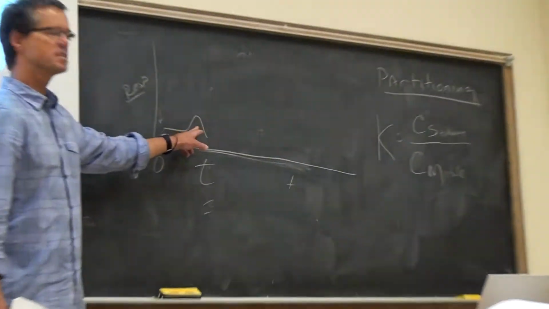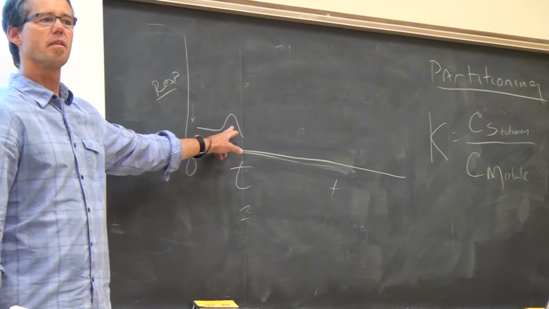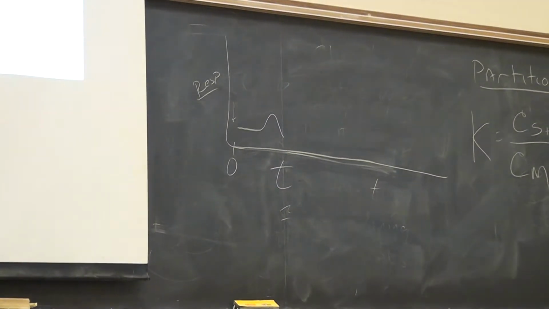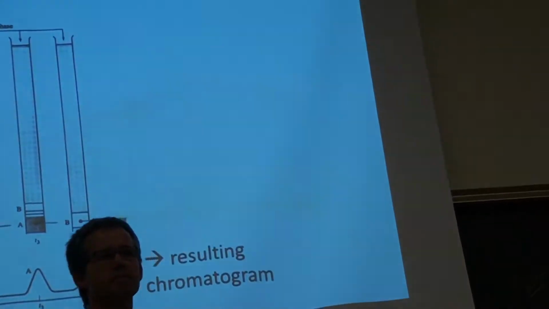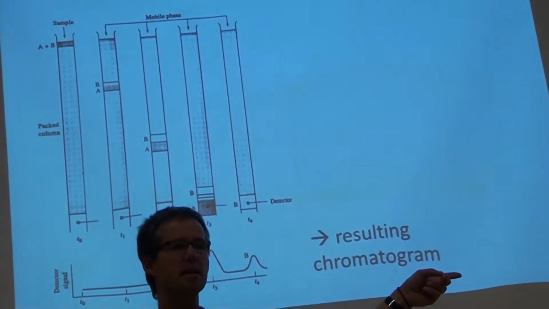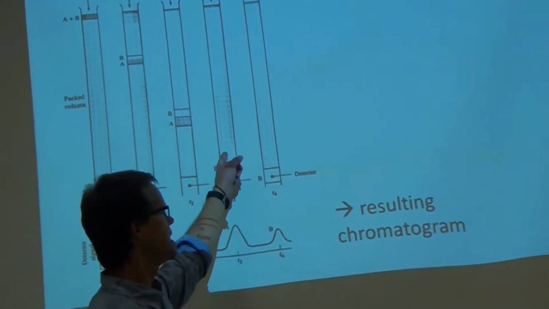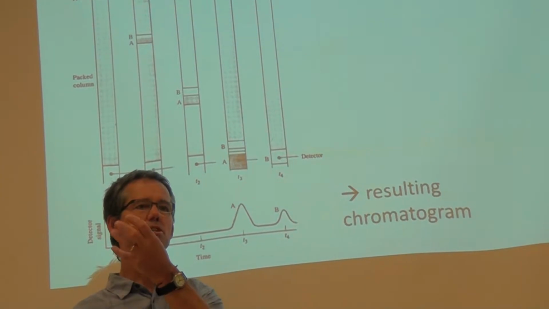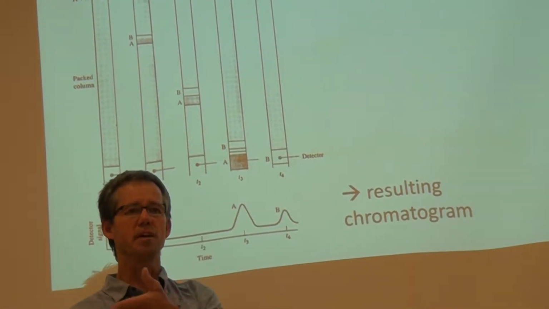So this is essentially just what they call the volume and the time it takes to go from the top of the column to hitting the detector. So in most cases, you see some kind of a little peak like that because the mobile phase is chemically a different composition than the composition of the matrix that your sample is dissolved in.